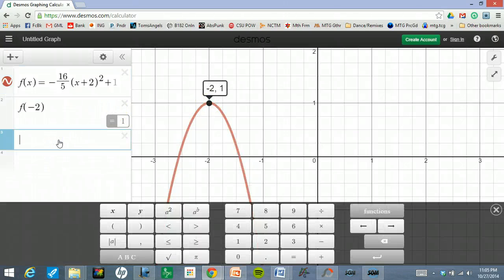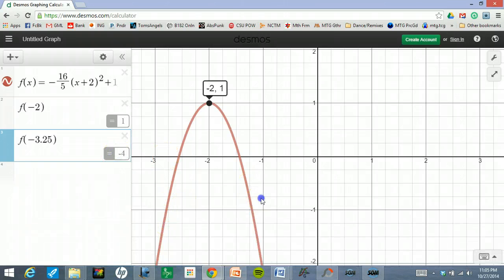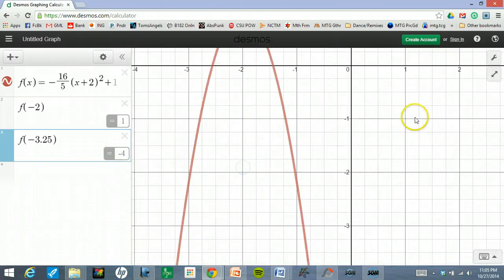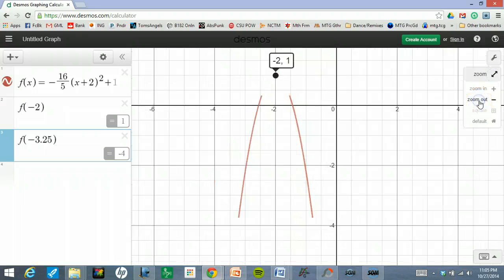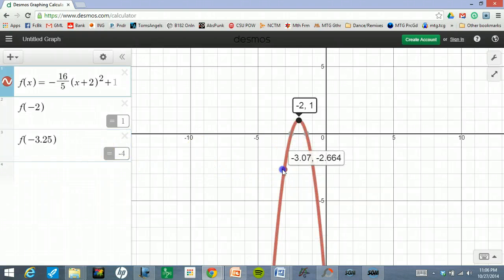And if I input f of negative 3.25, I do output negative 4, which on the graph, well, let's zoom out a little bit here. There are some rounding errors going on here.